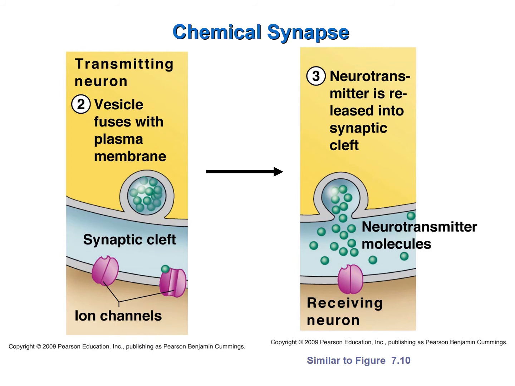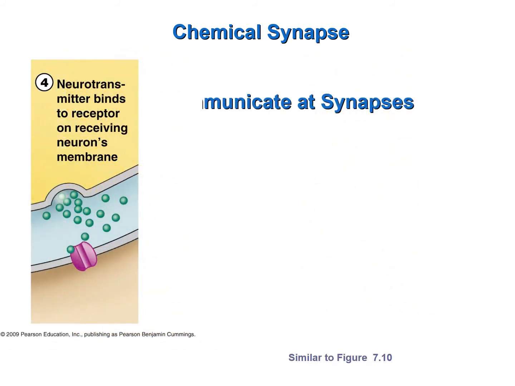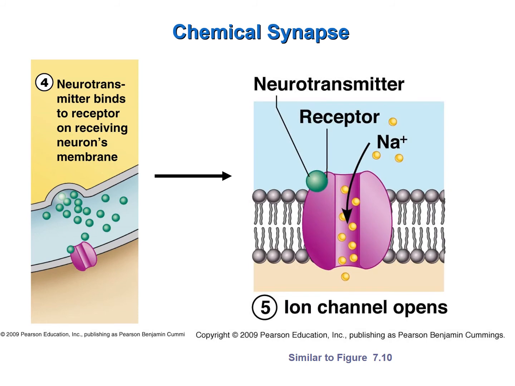The neurotransmitter is now going to diffuse through the synaptic cleft, eventually binding receptors on the plasma membrane of the dendrite of the receiving neuron. Once the neurotransmitter binds, those receptors are attached to ion channels, and that will cause those ion channels to open. In this particular example, a sodium ion channel.